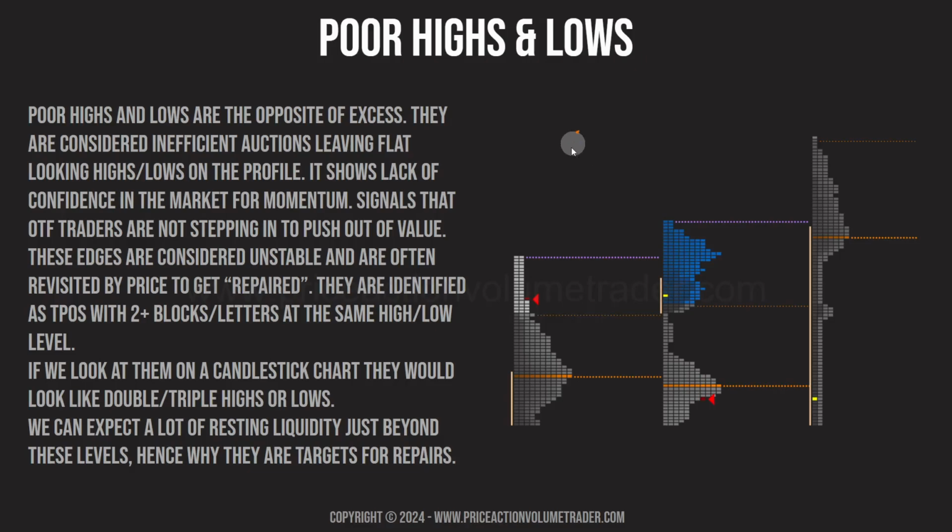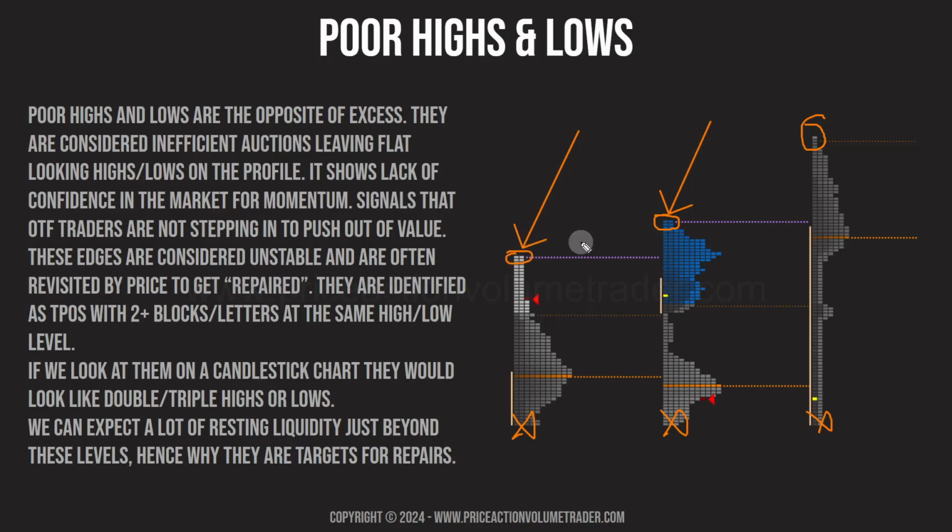you can see on these profiles, this is from the screenshot that just got cut off, so don't pay attention to these bottoms. But right over here, we have a little excess tail, but in this case, on these two profiles, we have 2 TPO prints or 2 30-minute periods at the exact same price.